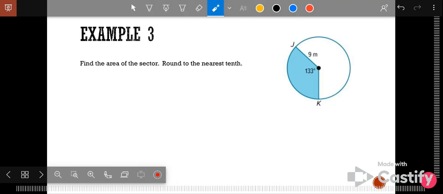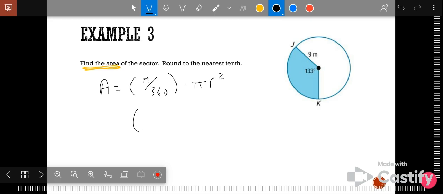Let's look at an example. Here it says find the area of the sector. It does say to round to the nearest tenth. So area equals m over 360 times pi r squared.